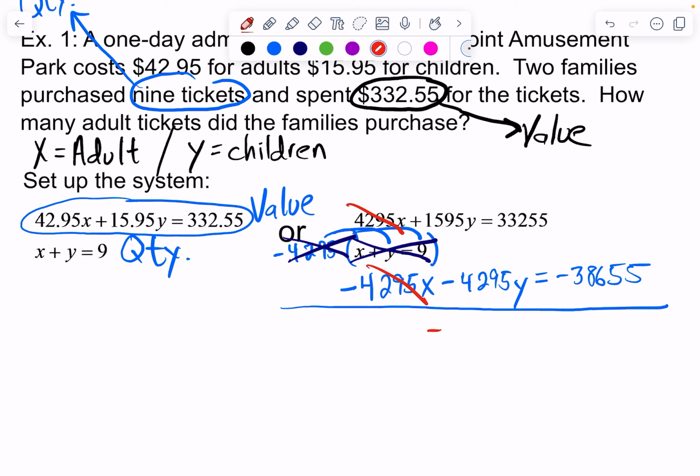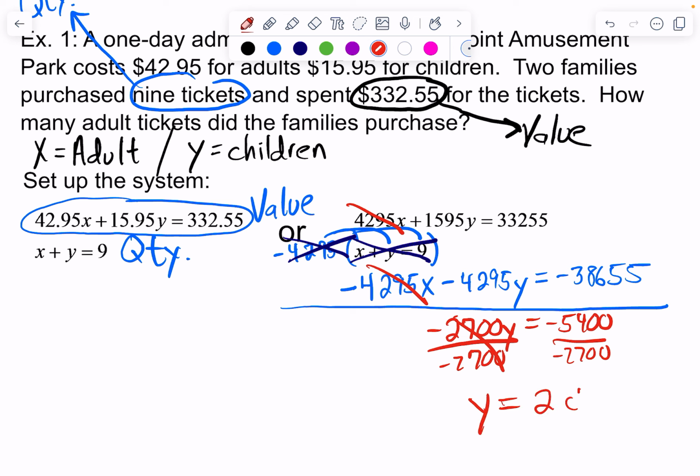My y's are going to be negative 2,700y equals negative 5,400. I'm going to divide negative 2,700 to both sides, and y equals 2 child tickets.